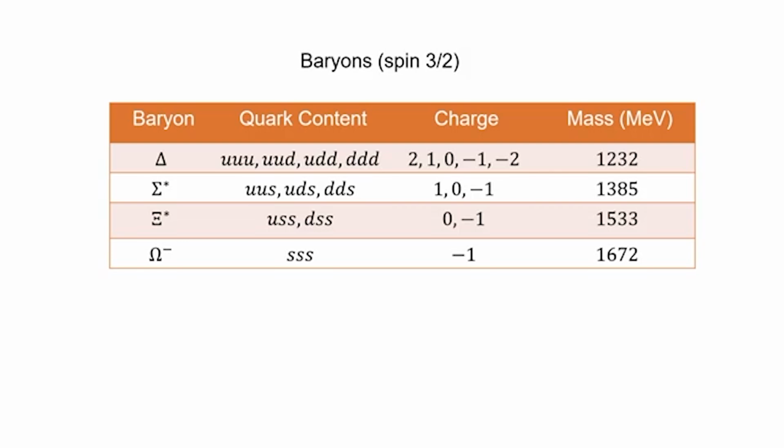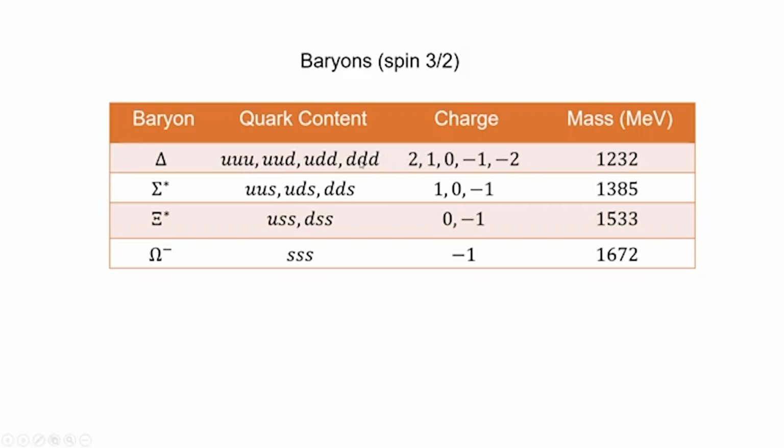So, finally, the high spin baryons, where the spin is not half, but the spin 3/2 baryons such as delta particles. We have not talked about the spin or the isospin, but just presenting it as data. So, delta is UUU, UUD, UDD, DDD, and each comes with a charge.